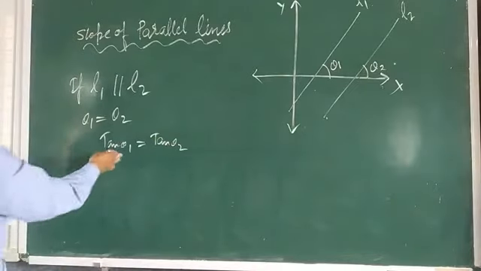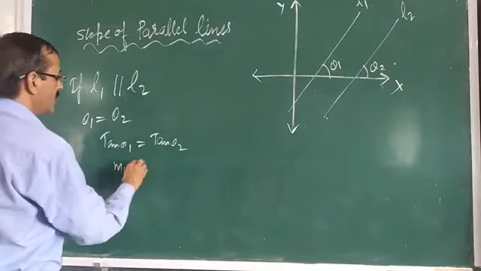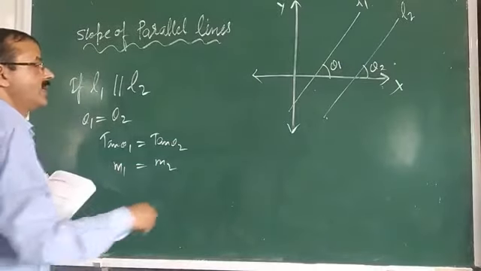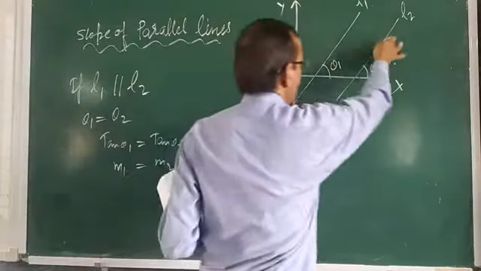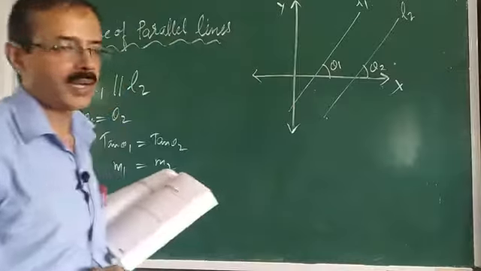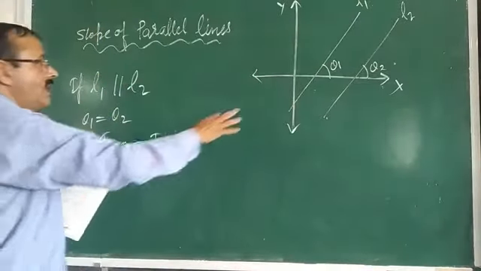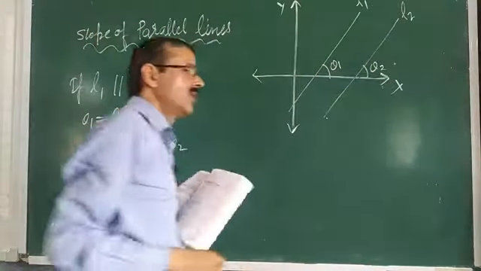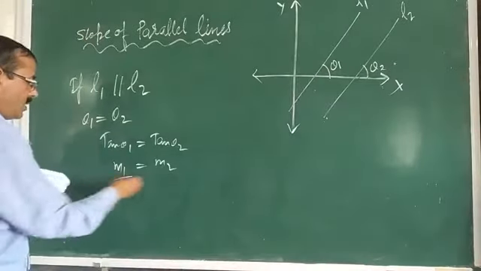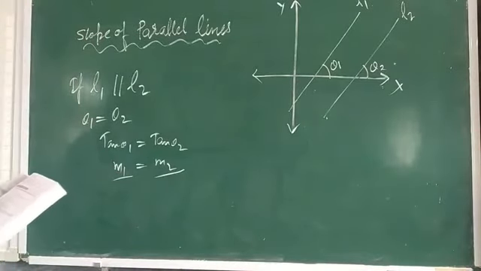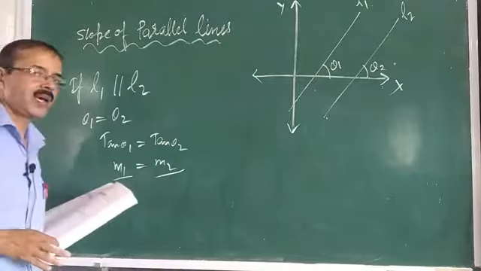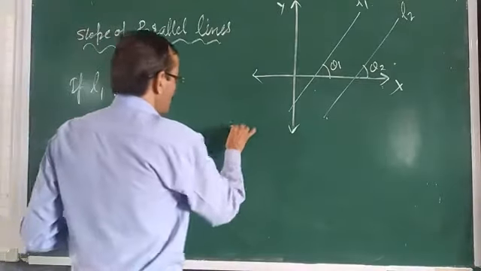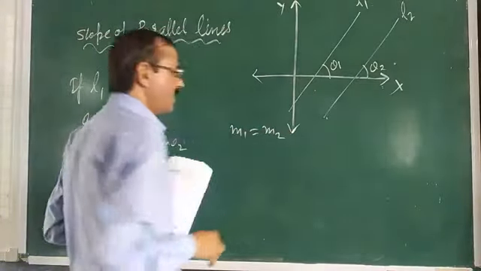Clear? And tan theta 1 means m1 is equal to m2. If their slopes are m1 for line L1 and m2 for line L2, then m1 is equal to m2. So if two lines are parallel, their slopes will be equal to each other.